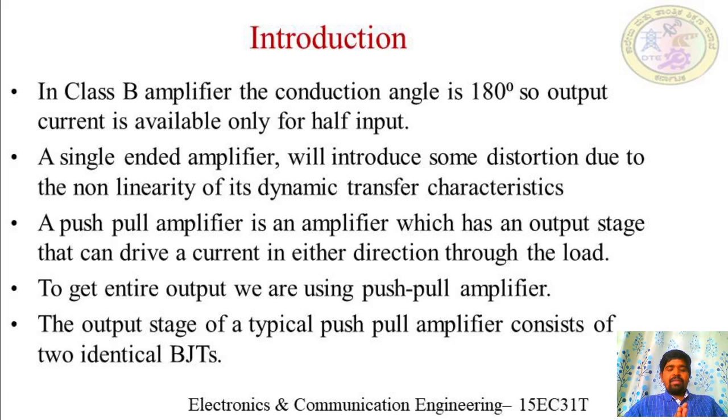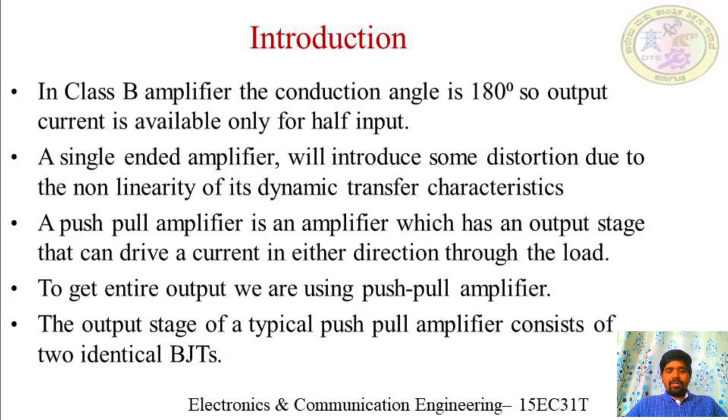One of the main differences you learned in the previous class is about class A. There the conduction angle is 360 degrees. That means output will appear for the complete cycle of the input signal.